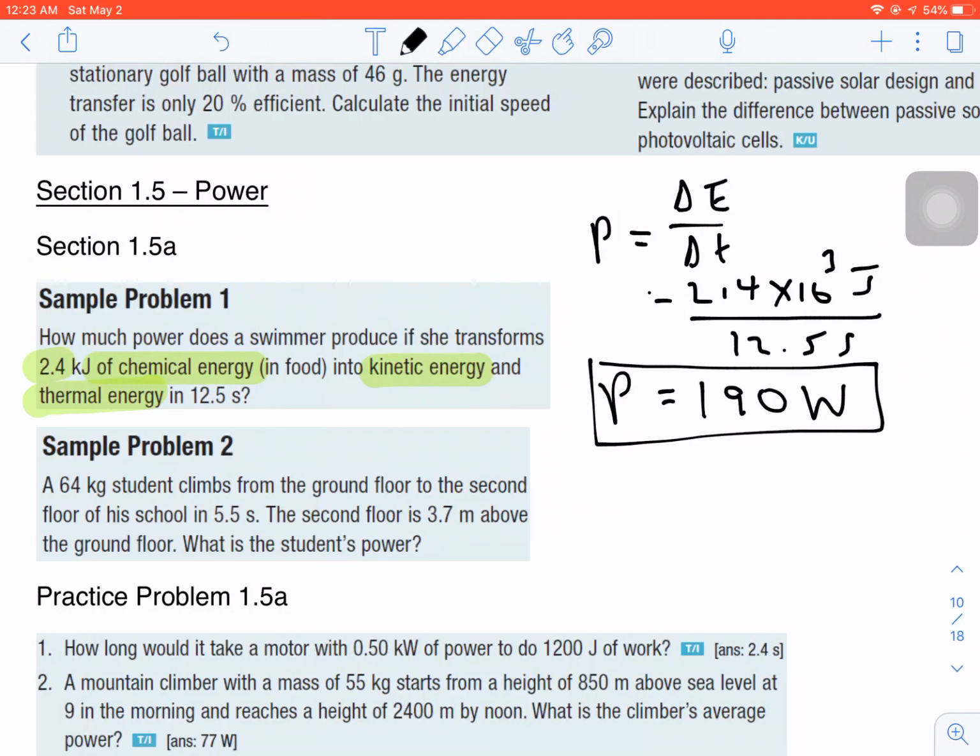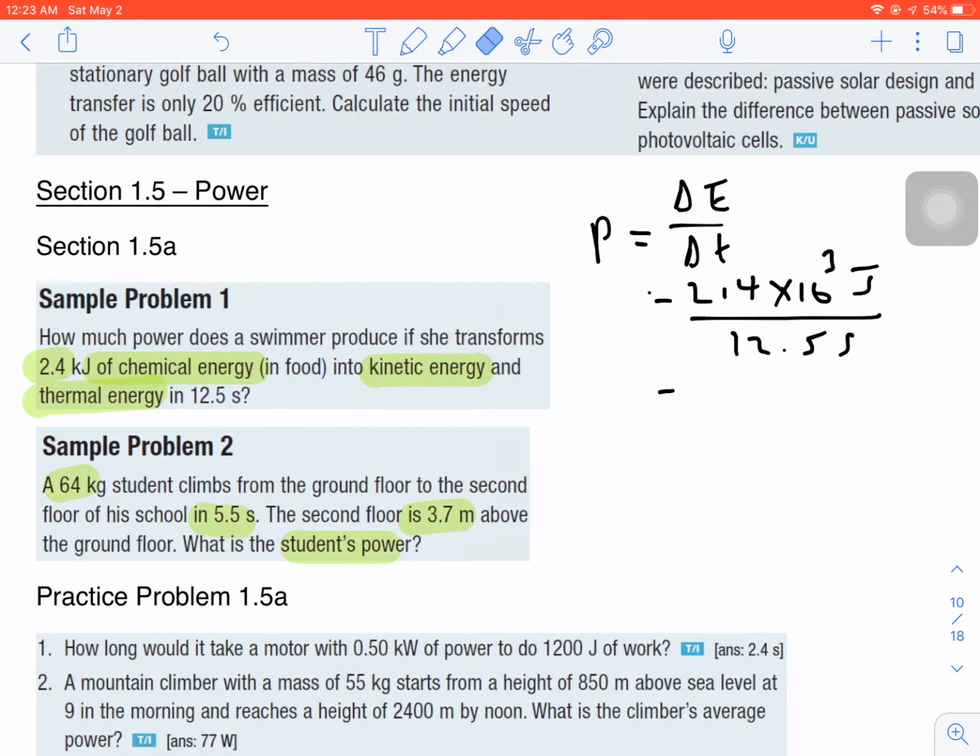Use your phone to calculate the time that it takes to go up, given your mass, and calculate how high you're going to go also. So for power, I'm going to figure out how much energy is going to be produced in how much time. You can see that we're creating gravitational potential energy.